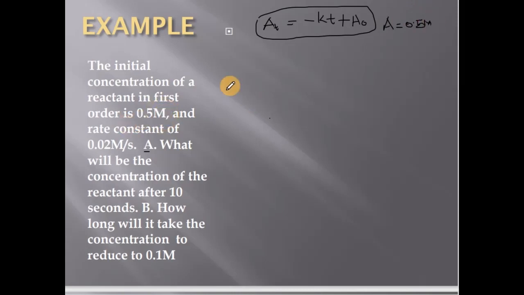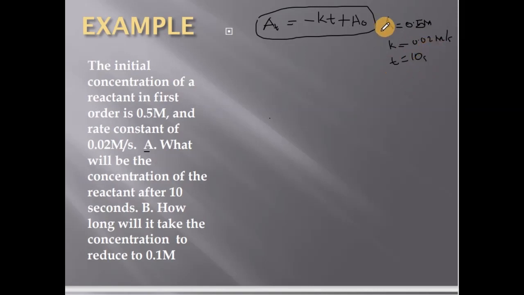And the rate constant, the k, is given as 0.02 molar per second. Then we have: what will be the concentration of the reactant after 10 seconds. So we have t equal to 10 seconds.